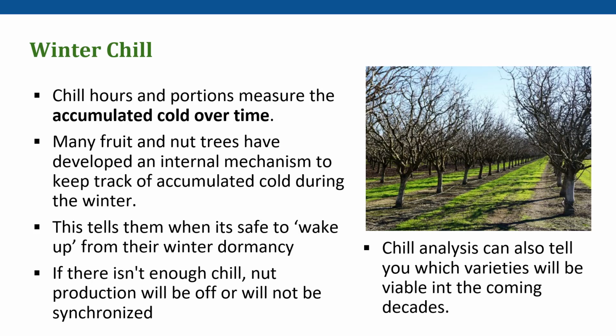Another example of a weather-driven model is winter chill, because tree crops need a certain amount of chill in order to bloom. Now, this might seem curious, but actually, this is an evolutionary adaptation that trees have developed over time to know when to start blooming, when to send sap up to the branches to produce flowers.